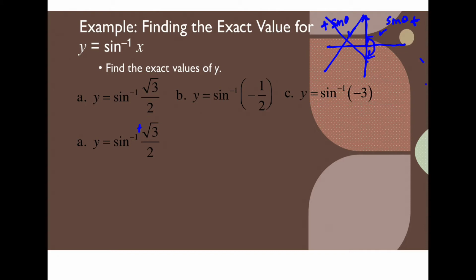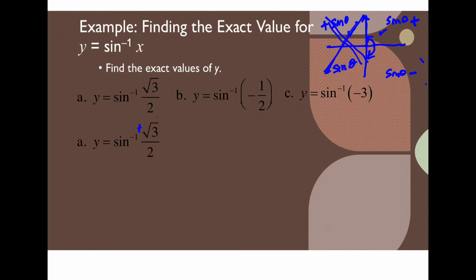Because we've limited the domain of the original sine function, if it's positive, it's going to be in the first quadrant, and if it's negative, it would be in the fourth quadrant. Because remember, sine would also be negative over here. And so we've eliminated two of the quadrants, one of the positive and one of the negative quadrants.